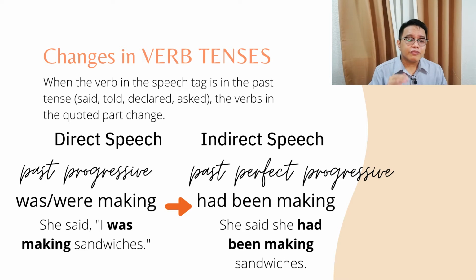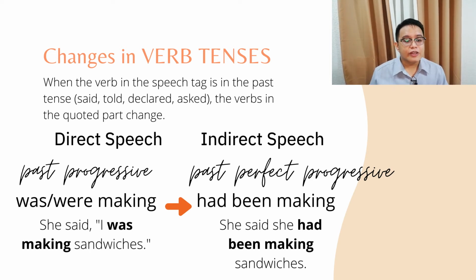Now, when you convert that past progressive, I was making or they were making, mahimo siyang past perfect progressive. And the past perfect progressive is we put the had, and then we put the been, and then the ing form of the verb. So, sa atong example, she said she had been making sandwiches.